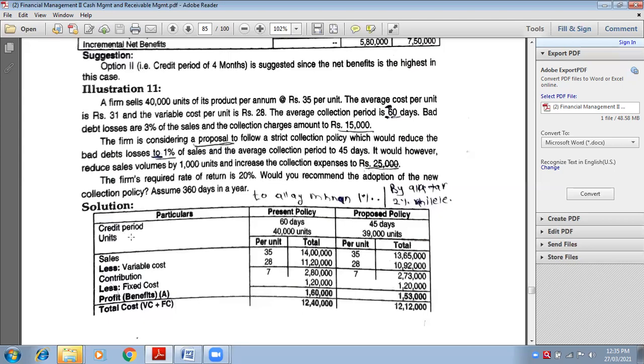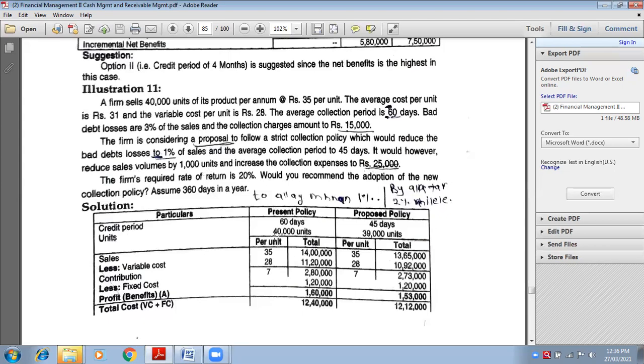Make one more row, that is units. Units sold in the present situation were 40,000, as given in the question. But while proposing the new policy of 45 days, the sales will reduce by 1,000 units.